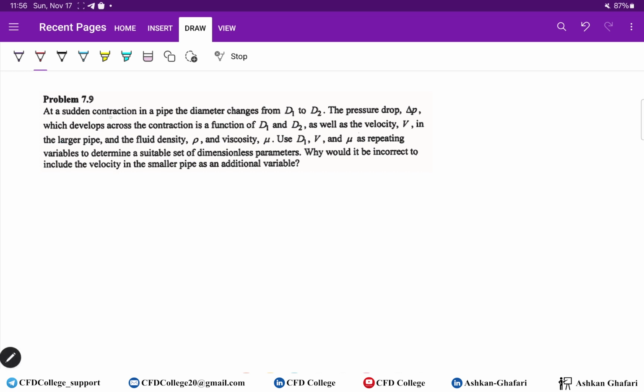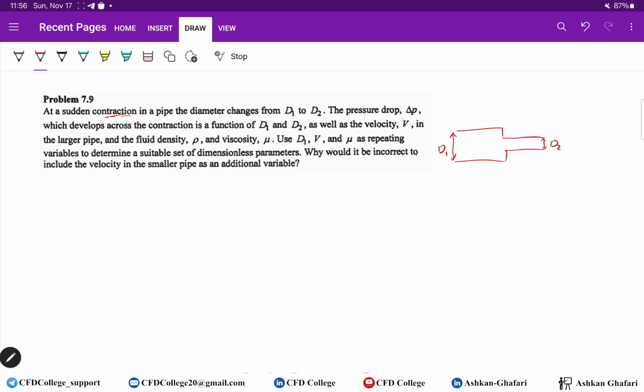At a sudden contraction, so we have a contraction. This is the pipe, and the diameter changes from D1 to D2. Here we have D1, here we have D2.